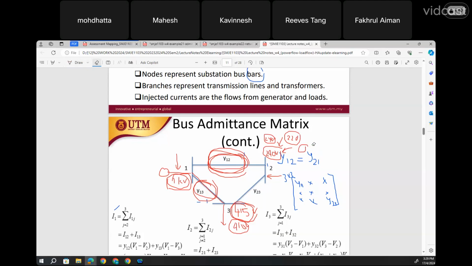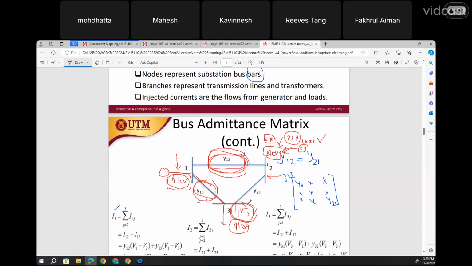Let's say this is our equipment, I put equipment load, I put load functioning well with respect to the voltage at the terminal that we connected with.